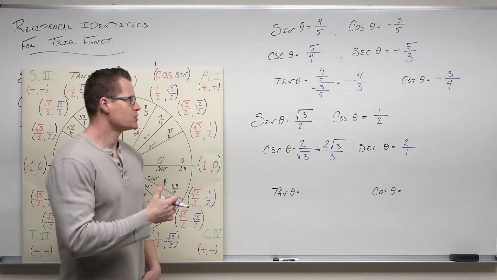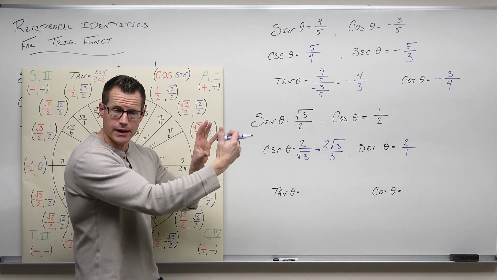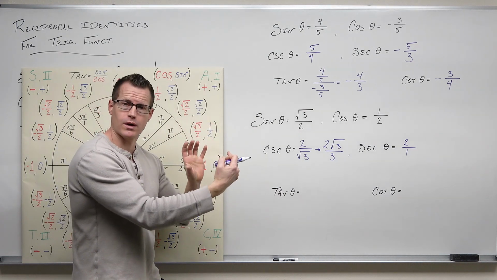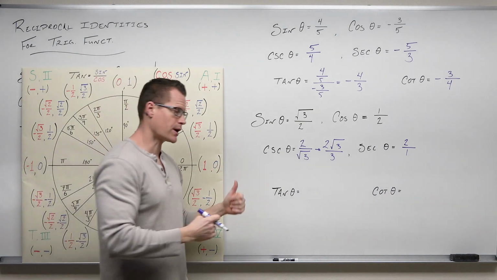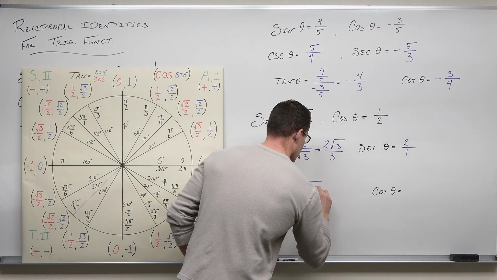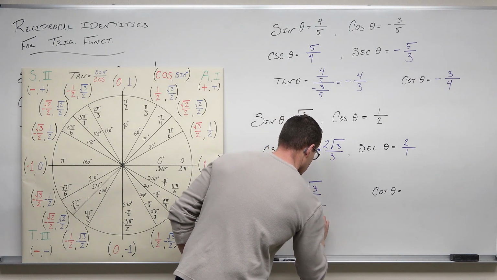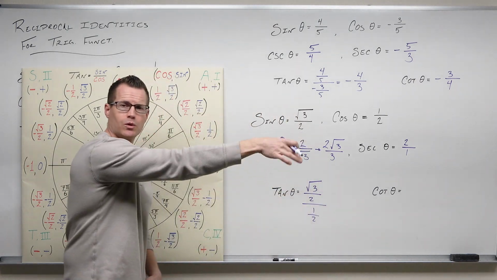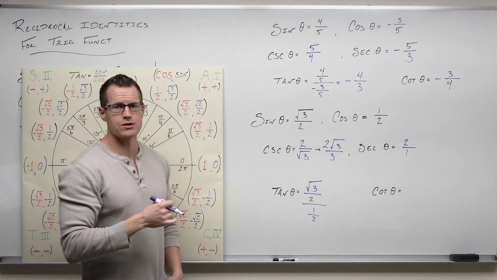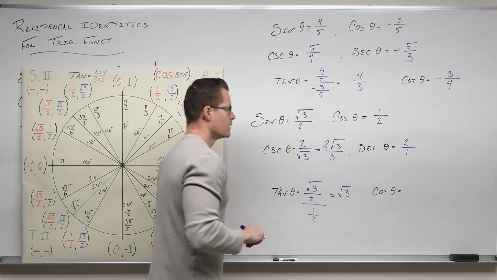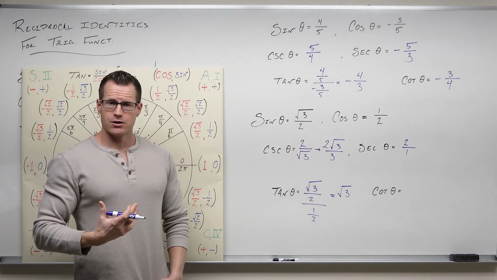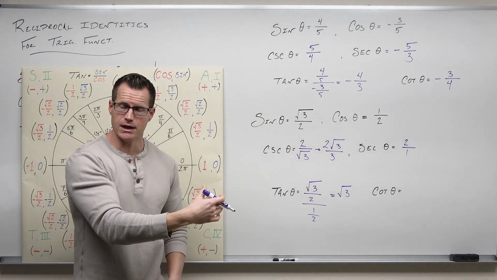Tangent. Tangent takes sine, or y, and divides by cosine, or x, for whatever angle you have. So that's square root of 3 over 2 over 1/2. If we understand that we're going to multiply by the reciprocal, we're going to get the square root of 3. Now, because we figured that out for tangent, it's just a matter of reciprocating for cotangent.